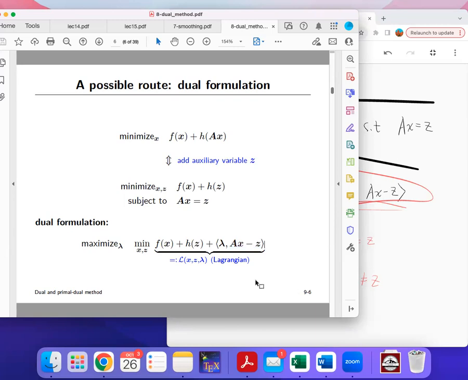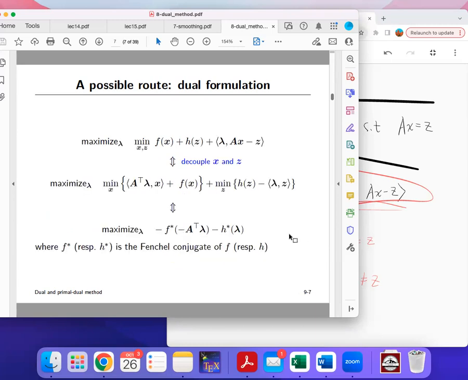But the question is, how can we understand this dual formulation? Because it looks a bit complicated. Previously, we had minimization only. Now we have an extra maximization. So let's look at this dual formulation.